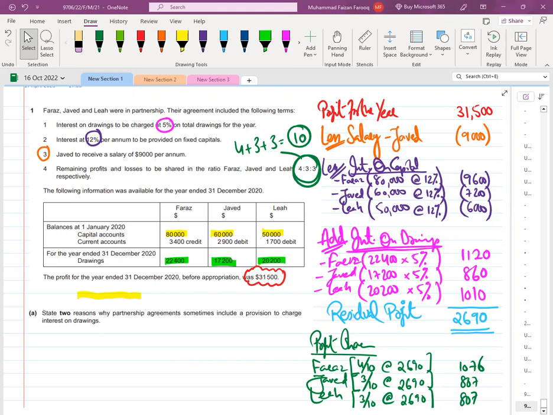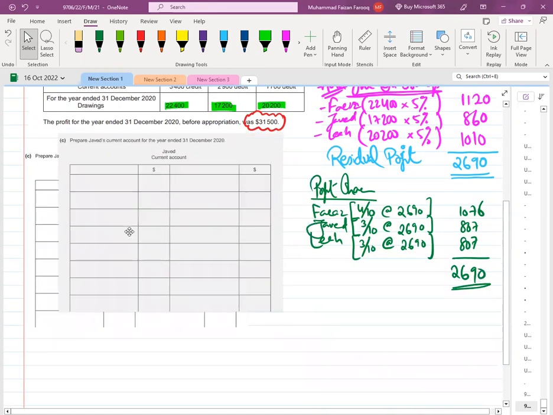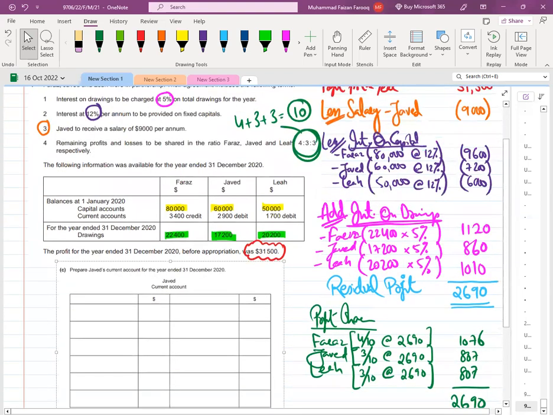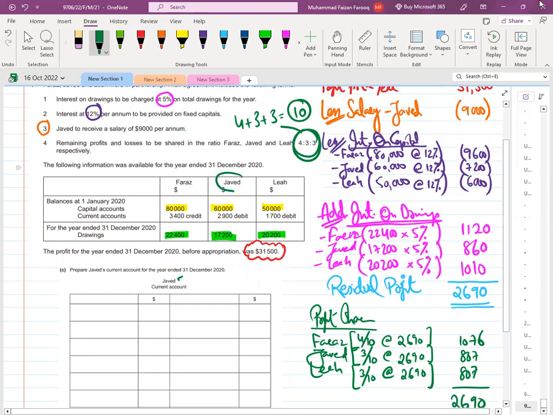Requirement C is to make the current account of Mr. Javed. We learned to make current accounts. This is the format of the current account, with BD and CD, and we know how to do that. Only Javed. The current account opening balance is how much? When we were learning this chapter, I told you that the current account balance can be on the debit side or on the credit side.